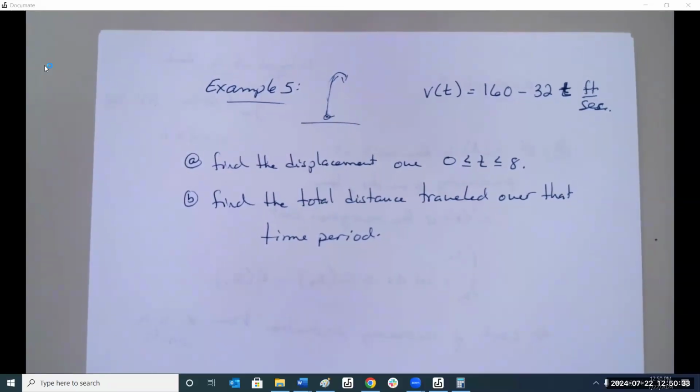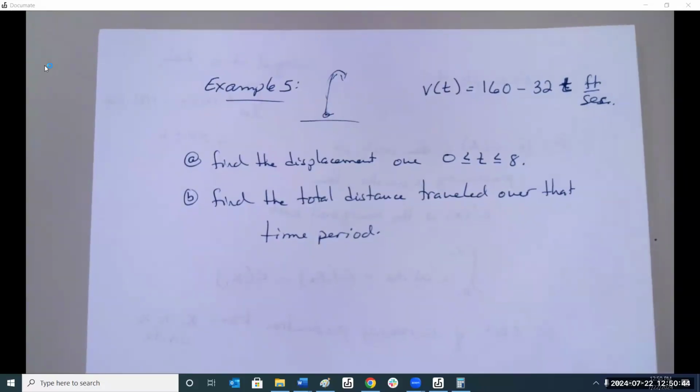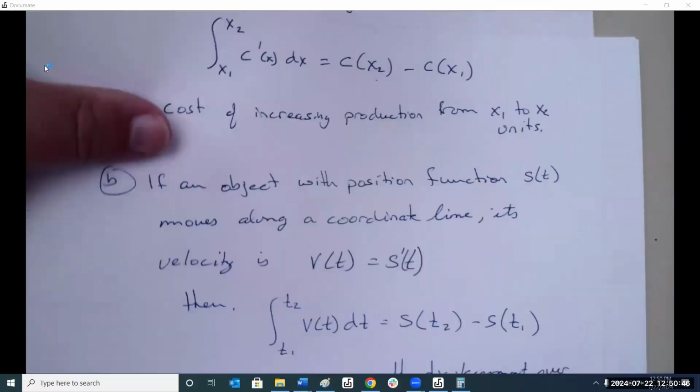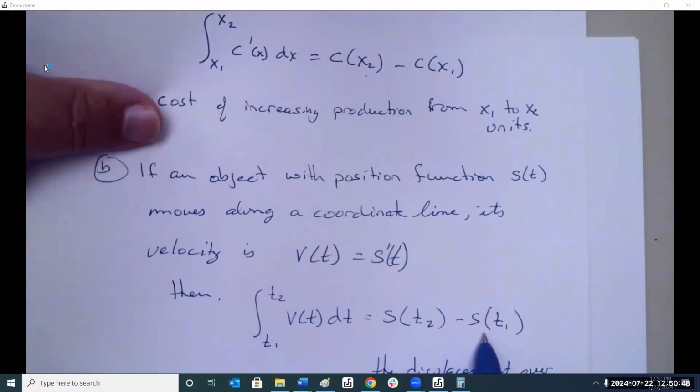So remember what displacement was. Yeah, displacement is S of t2 minus S of t1. That's displacement.